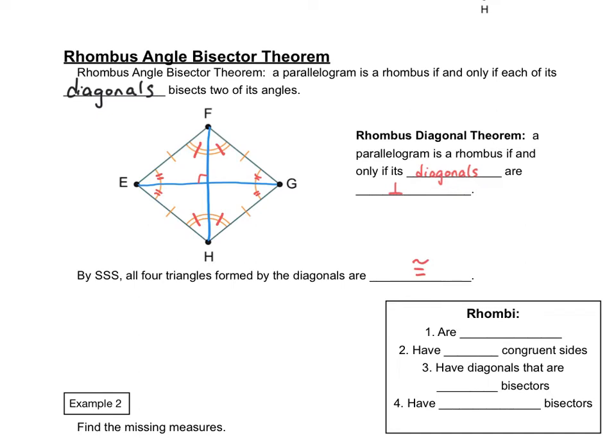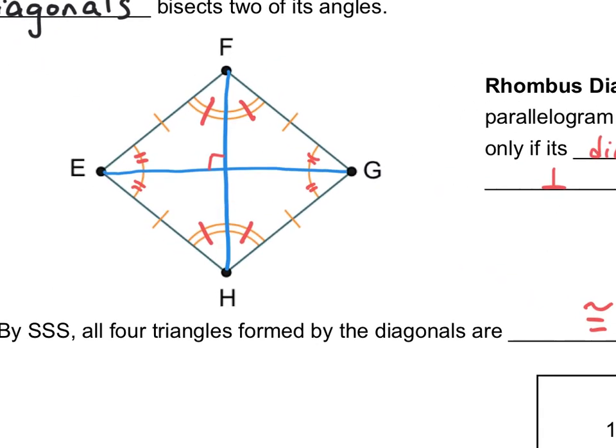Okay, so let's see here. We know that the diagonals bisect each other as a parallelogram.